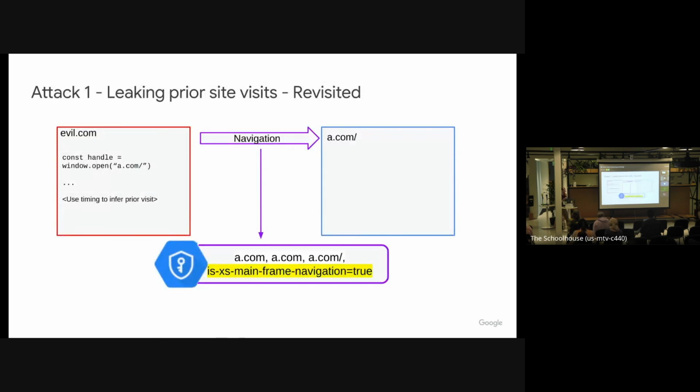Looking back at the attacks, we can see how this mitigates the attacks in some ways. The initial attack, leaking prior visited sites: the new Boolean that we've added does prevent leakage from sites that the user has visited from, like, bookmarks. It doesn't mitigate all types of attacks.